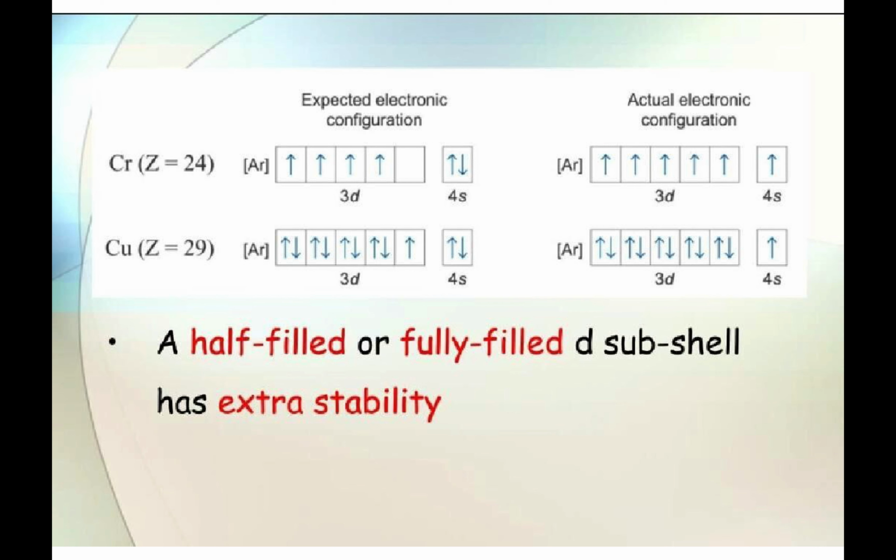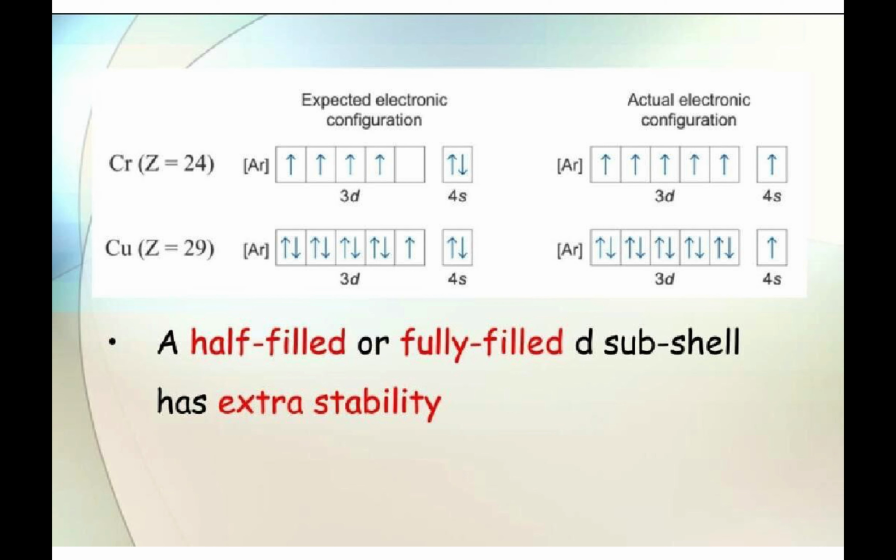One is the expected electronic configuration, meaning naturally according to the atomic number, the first figure shown would have been the electronic configuration, but actually what is the electronic configuration? The actual configuration is what is shown on the right hand side. For Z 24, in the 3d, one space is vacant and the rest have one electron each, whereas 4s has 2 electrons, but that was the expected configuration.